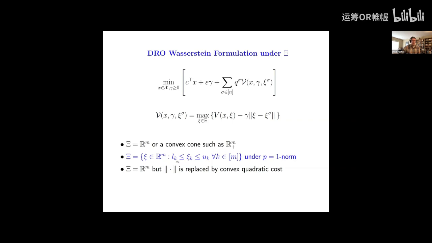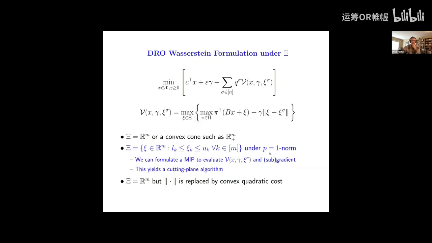That's one thing: put nature in a box and say that nature can only move the demand vector, for instance, within these simple bounds. And then if you take the one norm, no big surprise, you can formulate a mixed integer program to solve this overall problem.